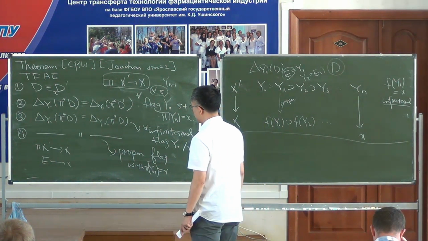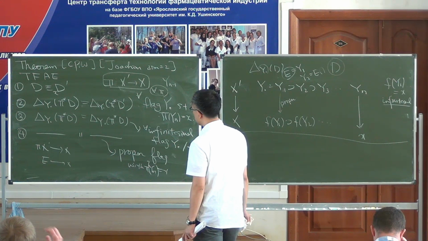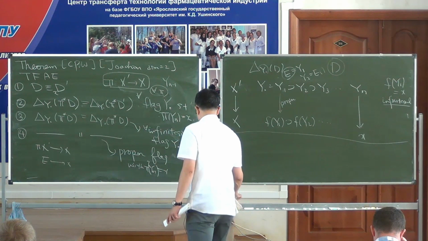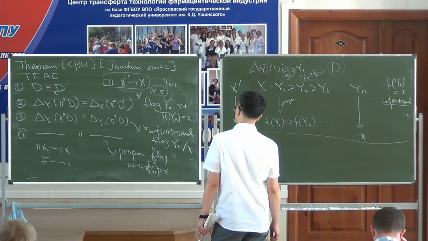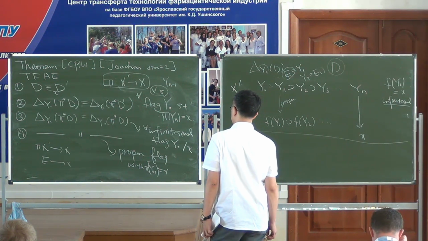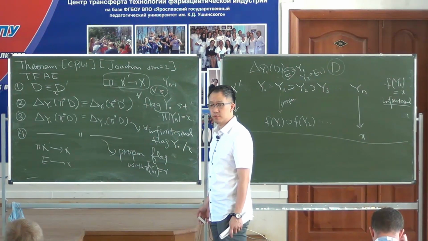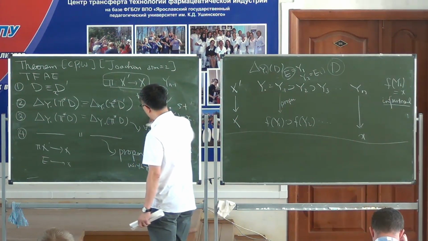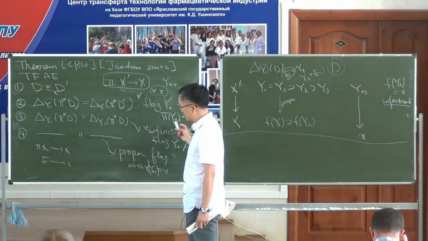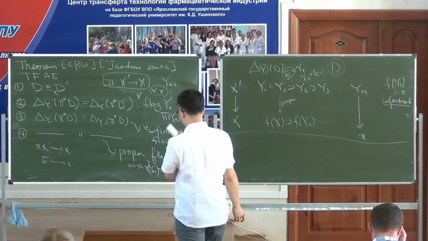Yes, I think it's possible. So in 2 we consider all the possible flags over it, but you don't need to consider all of these, you just need to consider a subset.